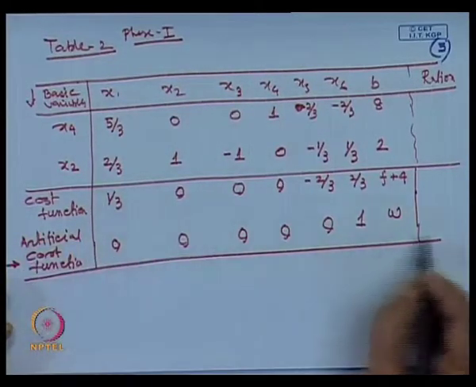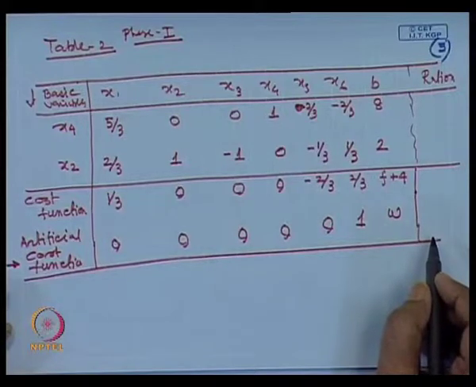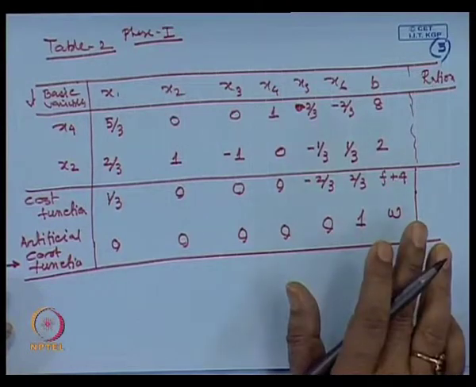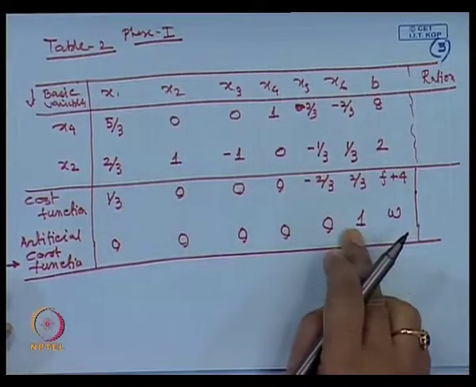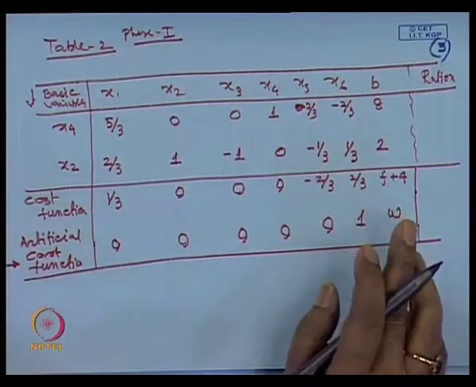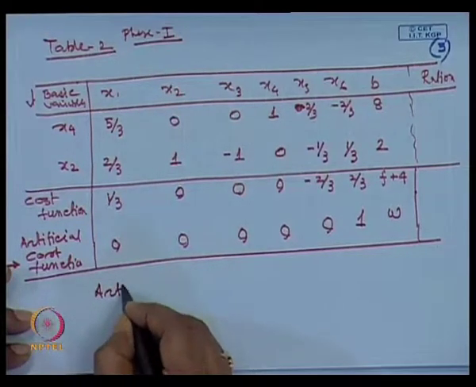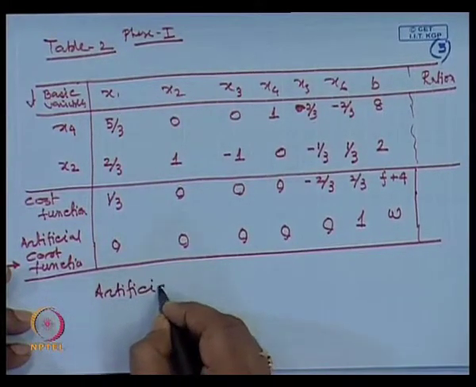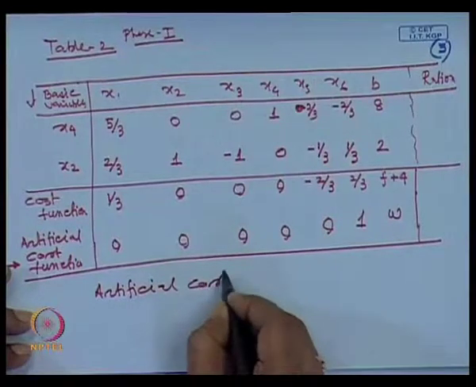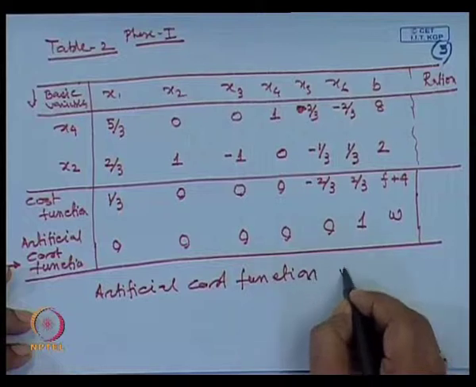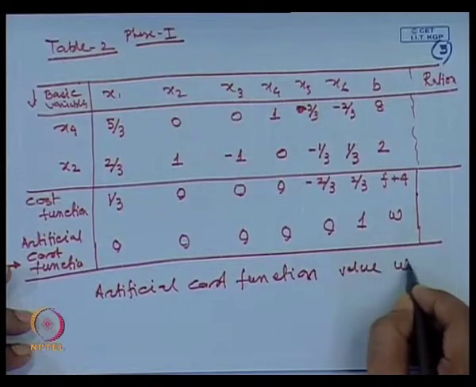You see the last row of the artificial cost function, the reduced coefficients are all positive. That means we cannot further reduce the value of the artificial cost function. Then immediately I can write the artificial cost function value W is equal to 0.